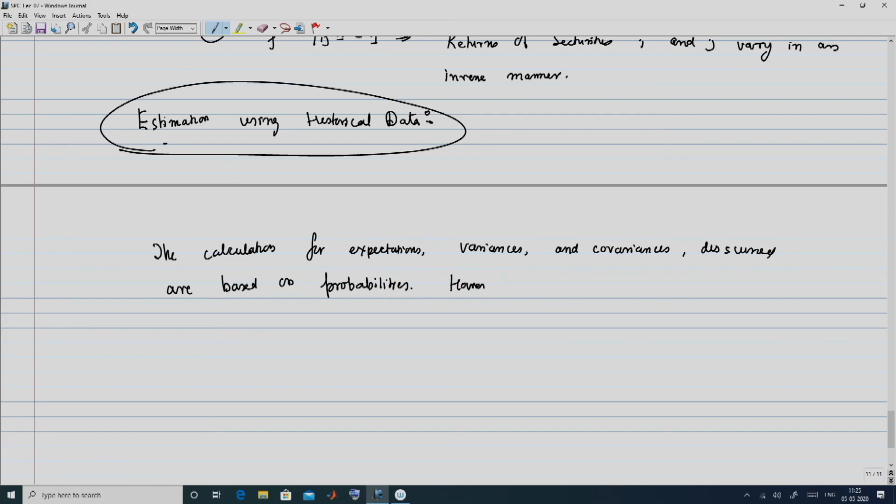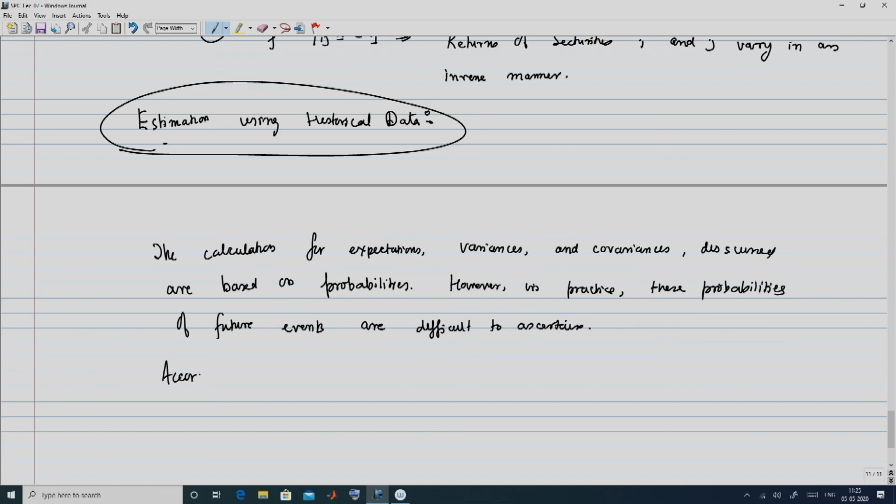However, as I have already mentioned, from a practical point of view, these probabilities, that means the probability p subscript of little s of future events, are difficult to ascertain.